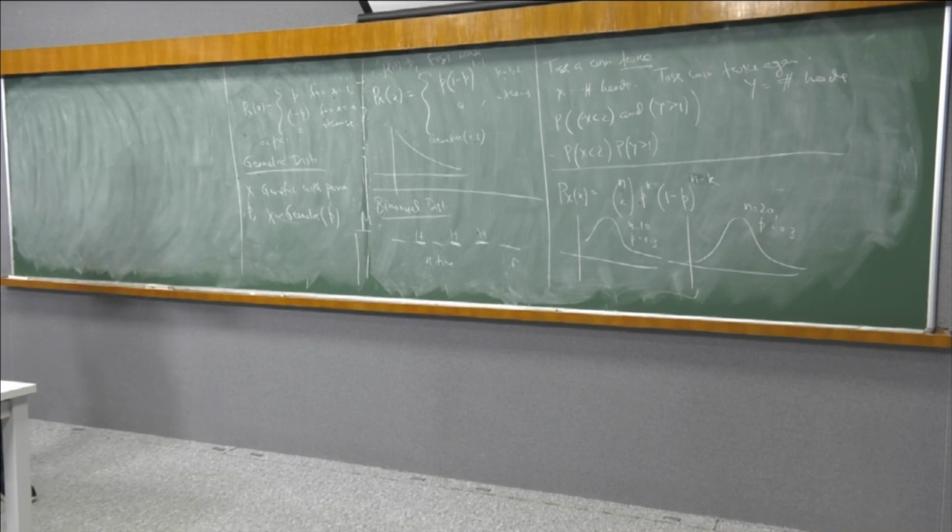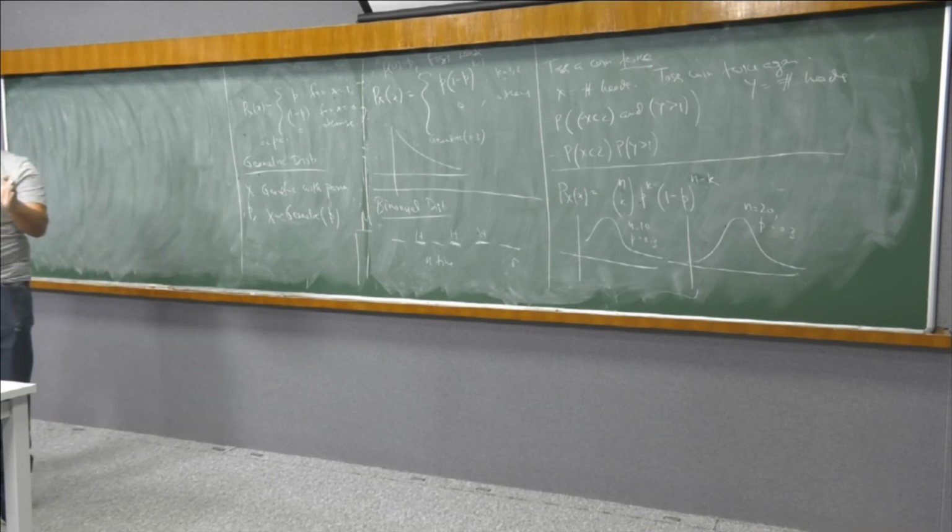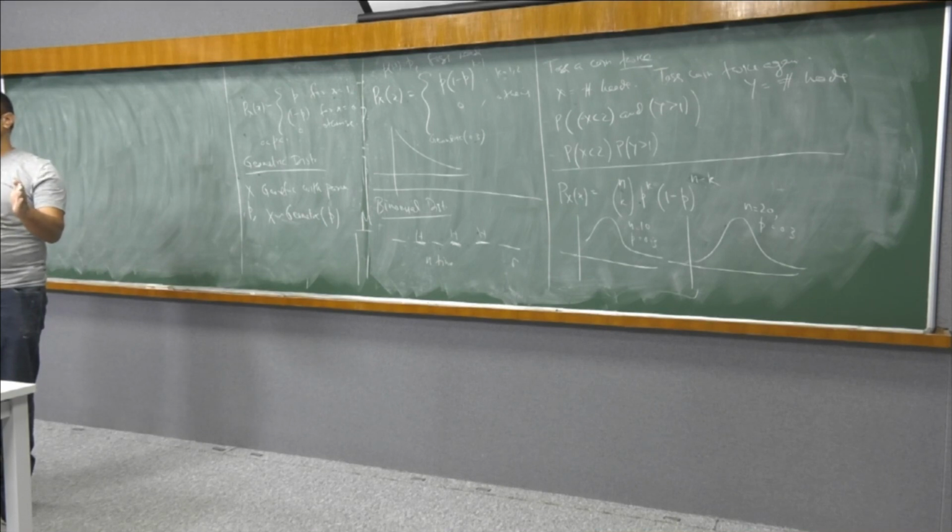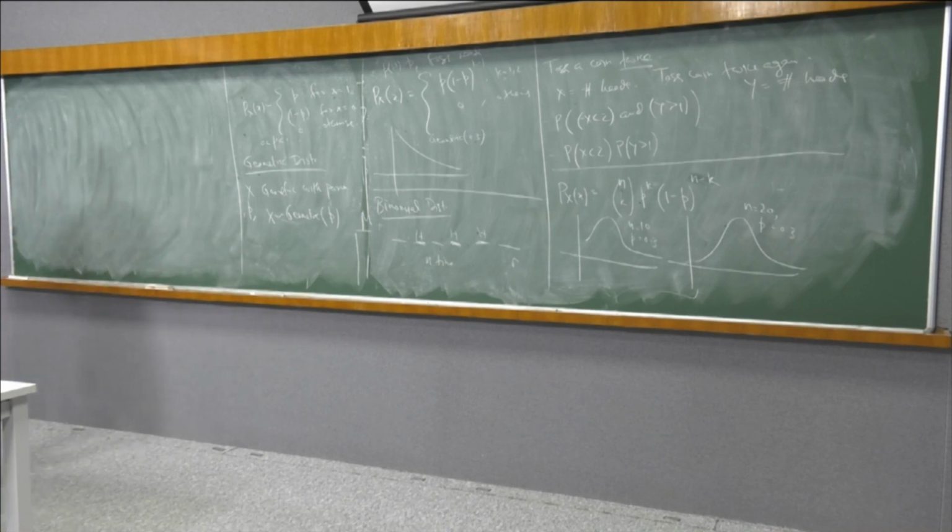But I could have tossed the coin again, a second time, and then asked for the probability of head or tail. I could have done it n times, and then I would have counted k heads. So binomial is equal to the sum of n independent Bernoulli. So this is a lemma.